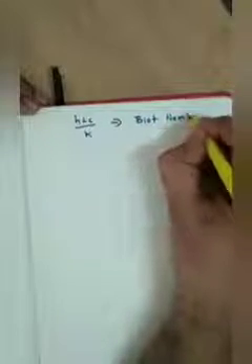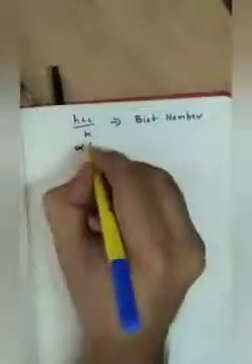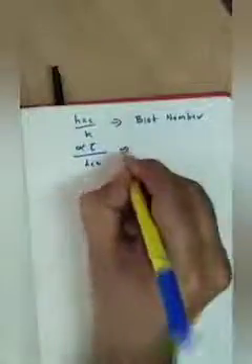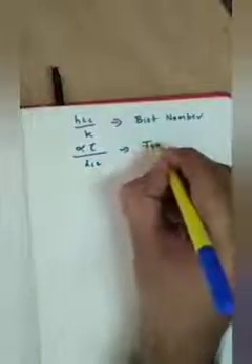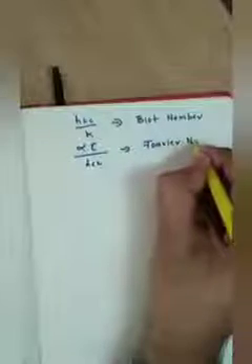The quantity HLC by K is known as Biot number, which plays a very important role in transient heat conduction, and alpha tau by LC square is Fourier number.